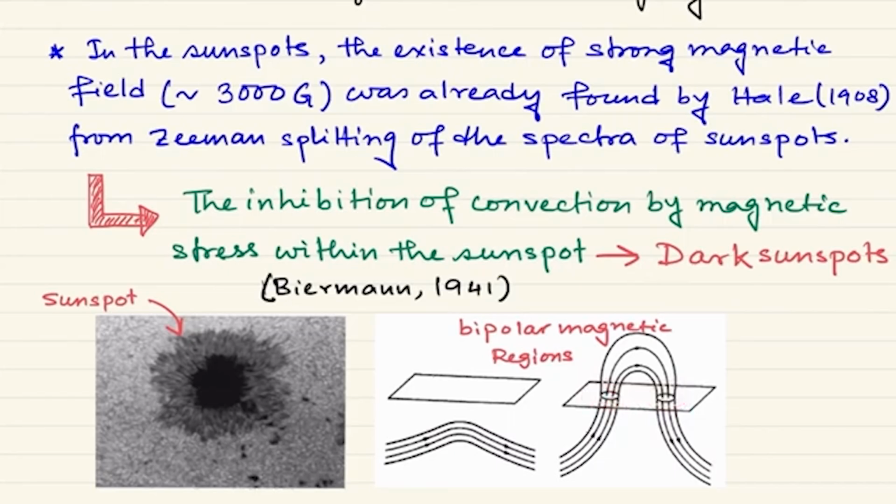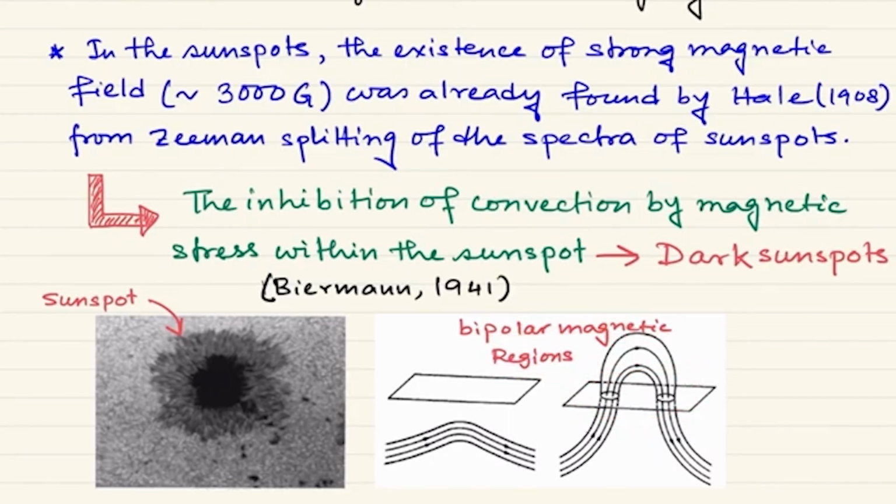In most cases you can see a flow of plasma, representing the magnetic lines of force, emanating from one of the sunspots and entering the other sunspot. That means that these two sunspots are of different polarity. These types of regions are known as bipolar magnetic regions, and they are very frequently seen.